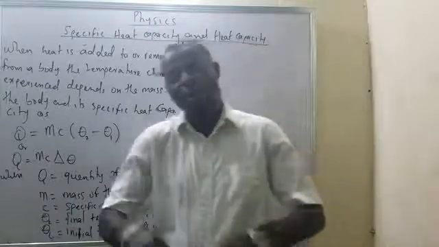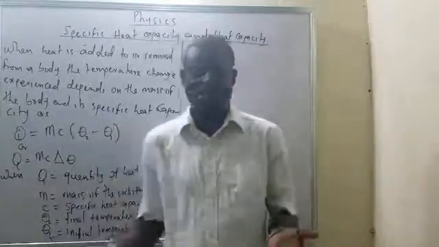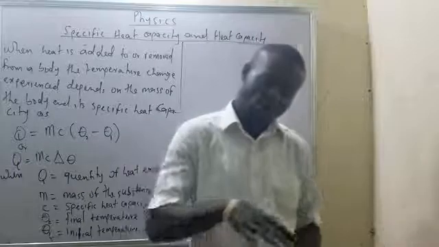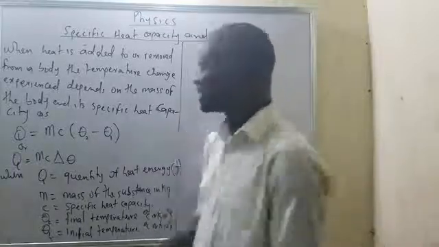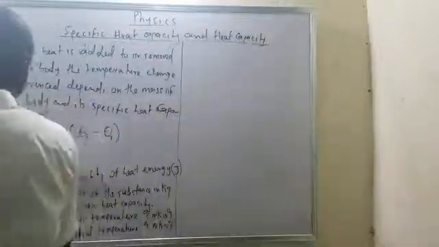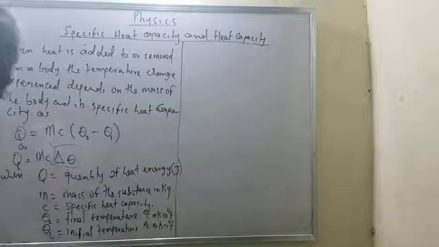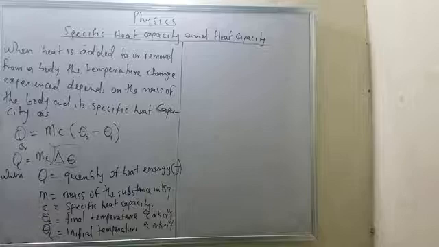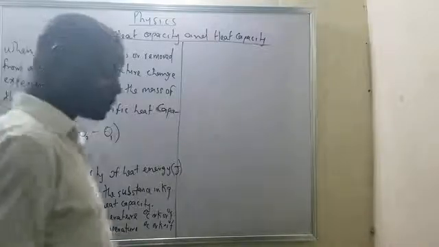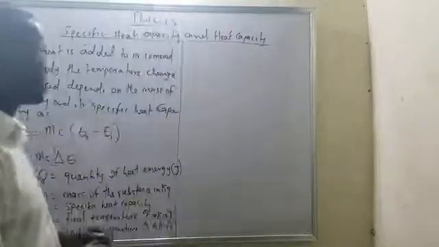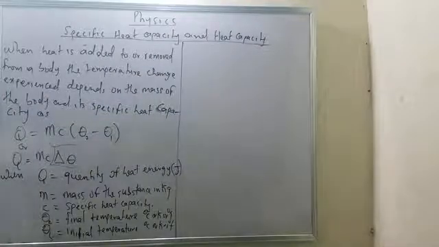And if the temperature decrease, maybe AC or something else, also will decrease. Now, that is what is called this change. Wherever you have this, it means change in. Now, when there is change, there must be final and there must be initial. That is what is specific heat capacity.